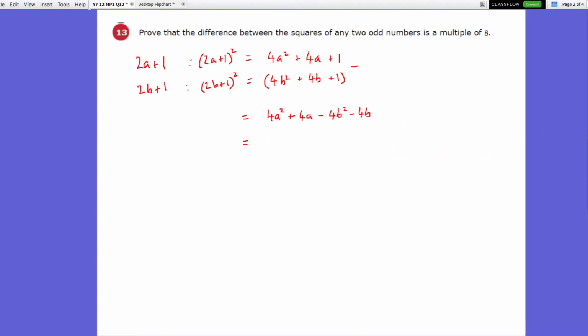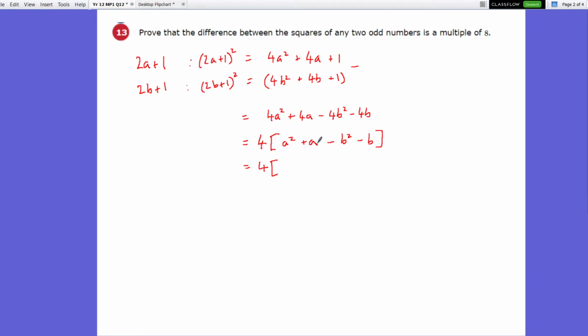So let's just go there so you know exactly what's going on here. So take the 4 out. What we're going to end up with here is a squared plus a minus b squared minus b. So I'm just going to put that additional step here so you know what I'm doing. So what I then decided to do is keep the 4 out, and in here there's a common factor.